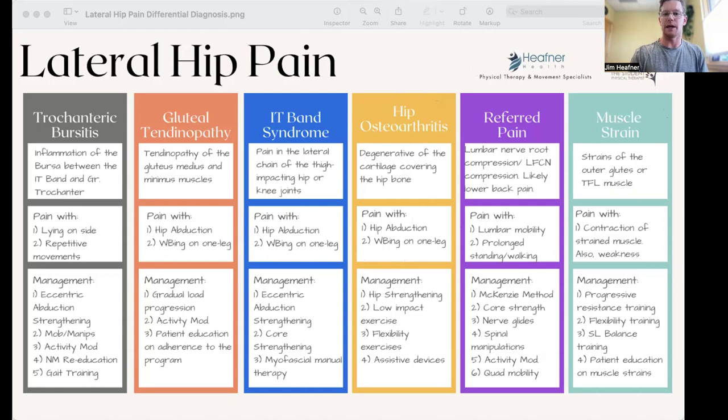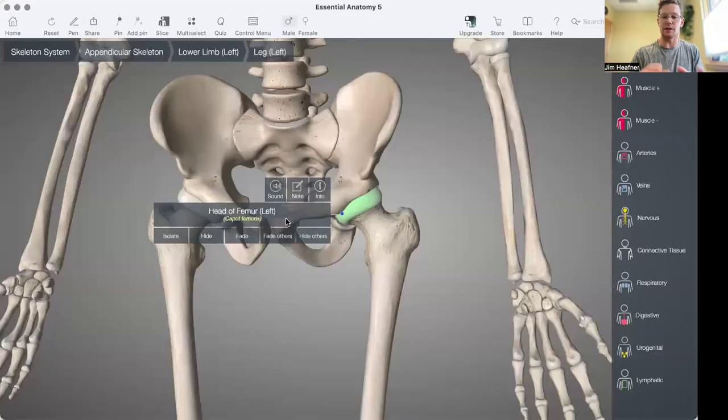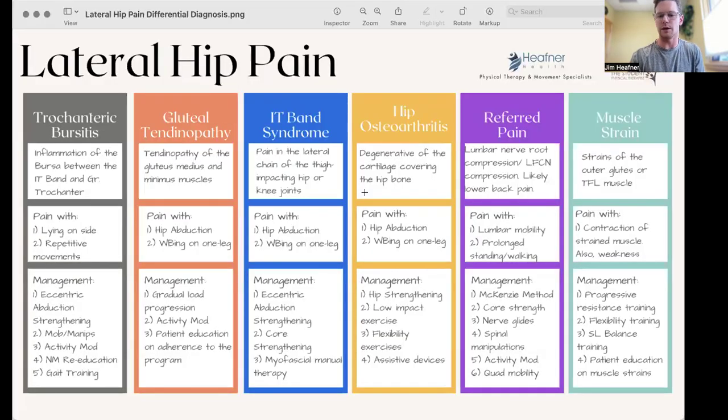So, without being too quick on this one, I think the main thing I want you to see is that the regional anatomy is so closely linked together that you shouldn't worry too much about the underlying tissue that's involved.